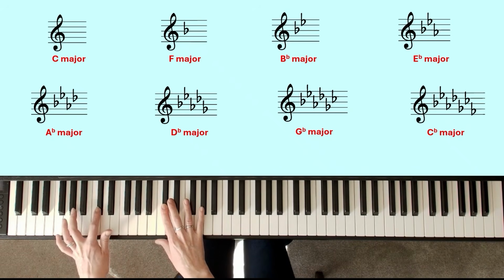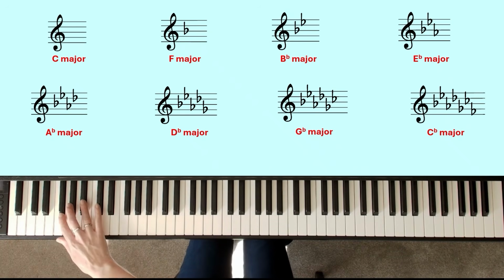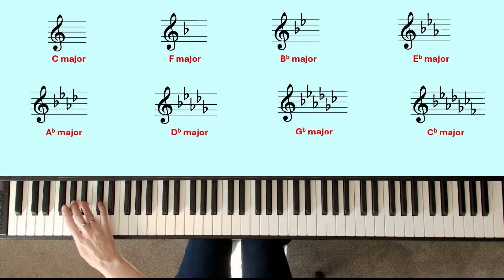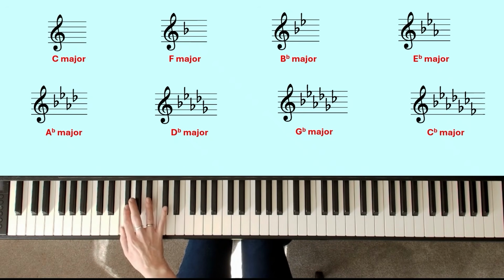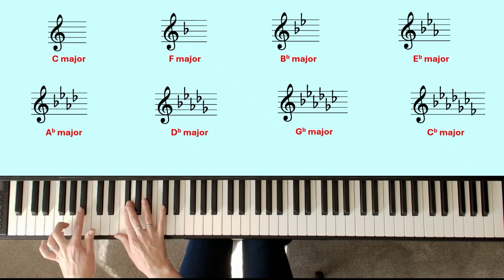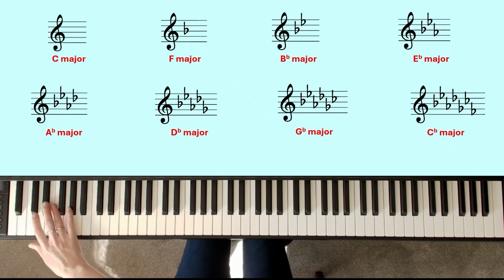The scale of G flat major starting a perfect fifth lower than D flat major. The scale of C flat major starting a perfect fifth lower than G flat major.